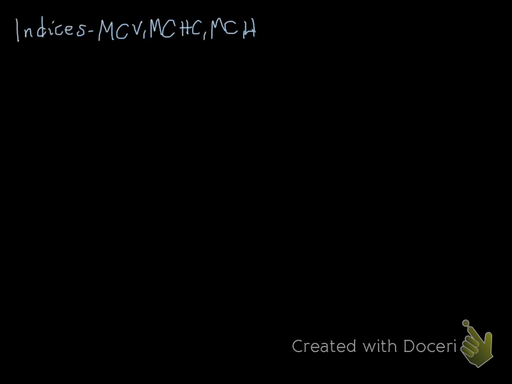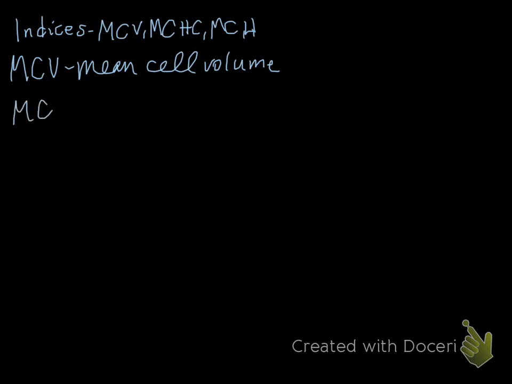The two indices we're going to talk about are MCV and MCHC. MCV stands for the mean cell volume, and this is essentially just what it describes. It's a measure of the volume of a cell, of the average of all of the red blood cells, because it's the mean. The MCHC is the mean cell hemoglobin content.